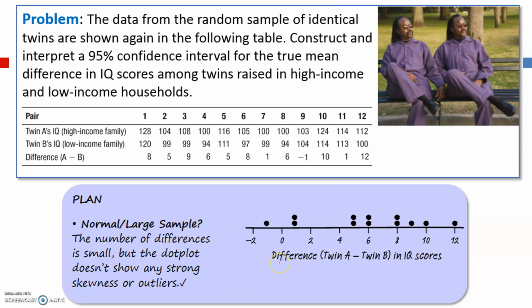So you're looking out for any strong skewness or outliers. Not much going on here. Looks relatively safe to proceed. There's no data values that are extremely further away from the others, nor is there any strong skewness. So we are now ready for the do step.